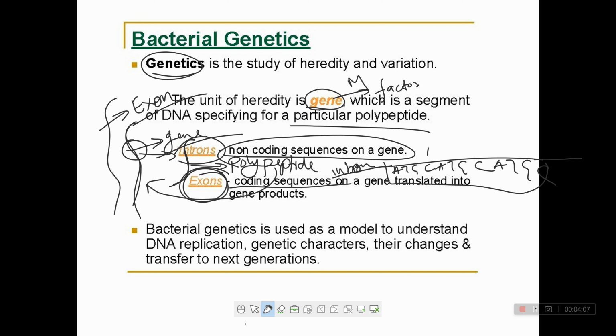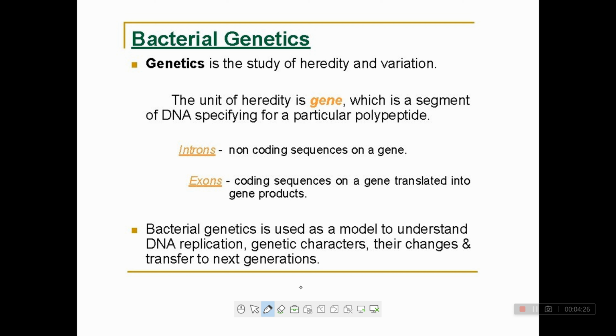This part is intron, this part is exon, and this part is intron. So the polypeptide is synthesized only from this coding part, not from the non-coding part. Polypeptide synthesis depends on the coding part, that is exon.